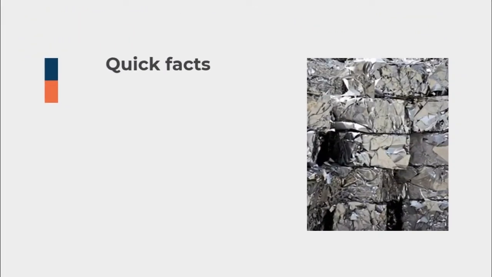Quick facts. Did you know that around 40% of the world's steel production is made from scrap? Also, recycling steel uses around 75% less energy compared to creating steel from raw materials.